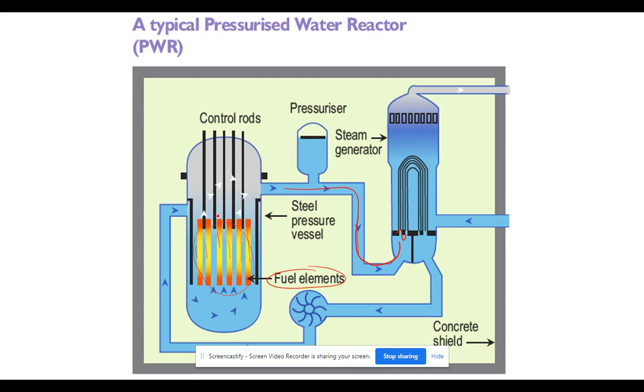To control this whole process, we have these control rods, which are basically lowered into our reactor, and they absorb neutrons. So let's say it gets too hot, too many nuclear reactions, we'll lower the control rods in. The control rods absorb those neutrons that are bouncing around in there, which slows the nuclear reaction and cools the whole thing down again. Maybe it's too cold and not heating the water enough.